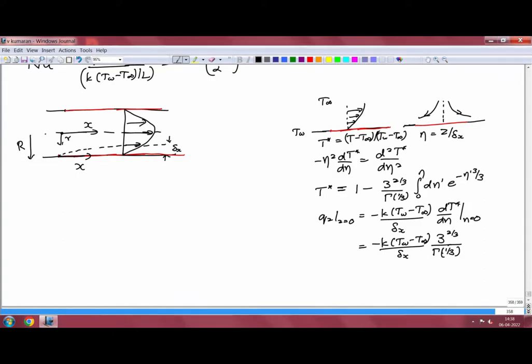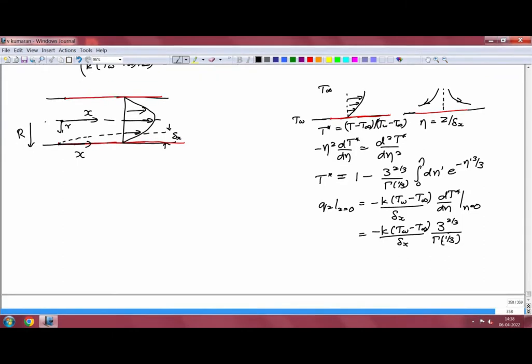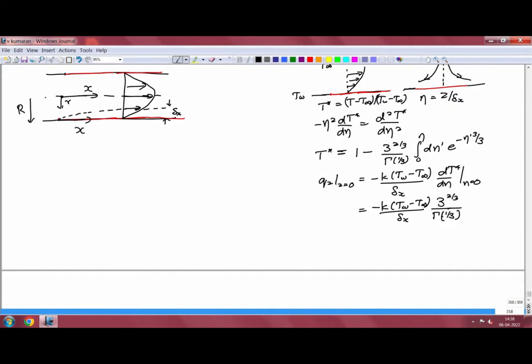So, if the thickness is much smaller than the radius of the pipe, you would expect the heat transfer from the wall of the pipe to be the same as the heat transfer from a flat plate, because the thickness of this region is much smaller than the radius of curvature. So, the curvature does not matter, and you can consider it to be a flat plate.